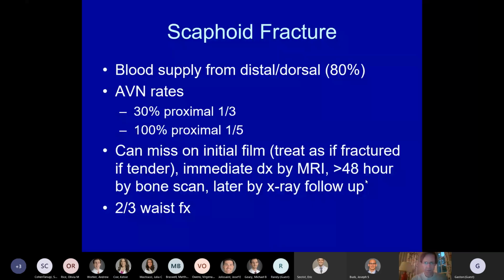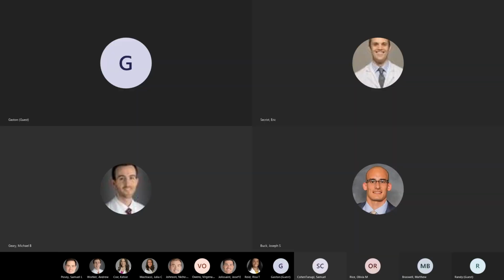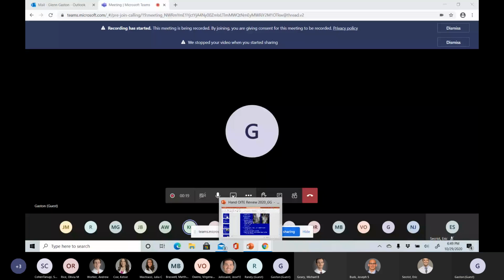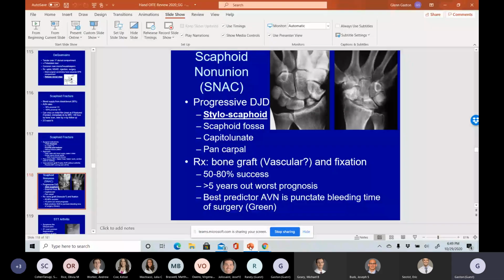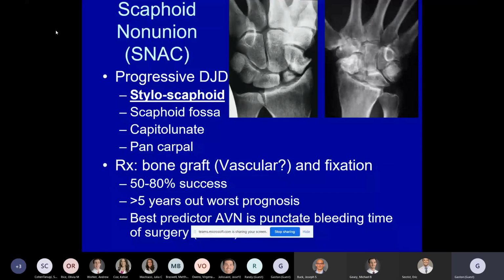I figured everybody needed a break. That was a lot to process. It looks like your slides are still not advancing, Dr. Gaston. Do you see me there on scaphoid non-union snack? No, it still is the initial scaphoid fracture slide.